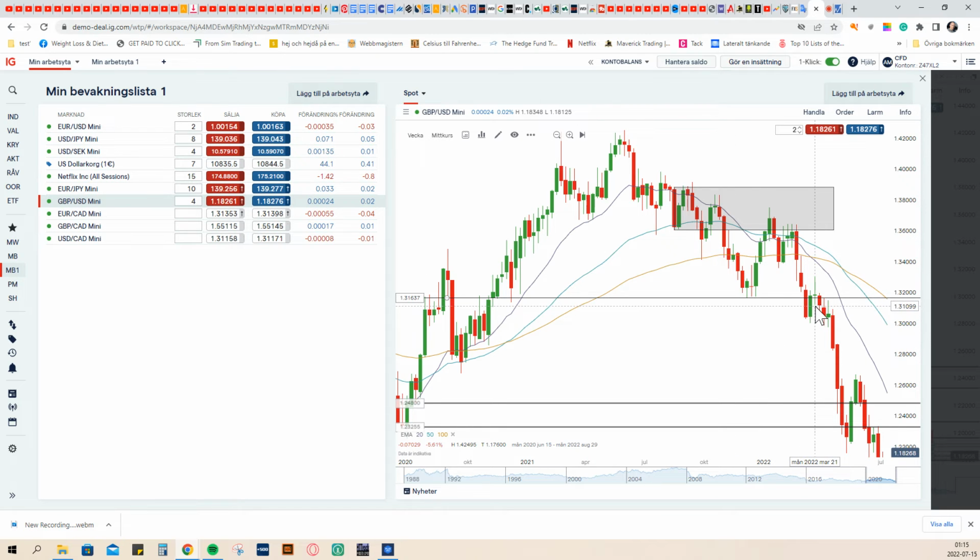When I see this indecision doji here with a wick on the upside and a very small body, that means indecision. The struggle between buyers and sellers is the same. A little bit, the sellers are a little bit stronger, because this tail on the upper side is longer than the tail below here. So the selling pressure is stronger. So the supply is greater than the demand.